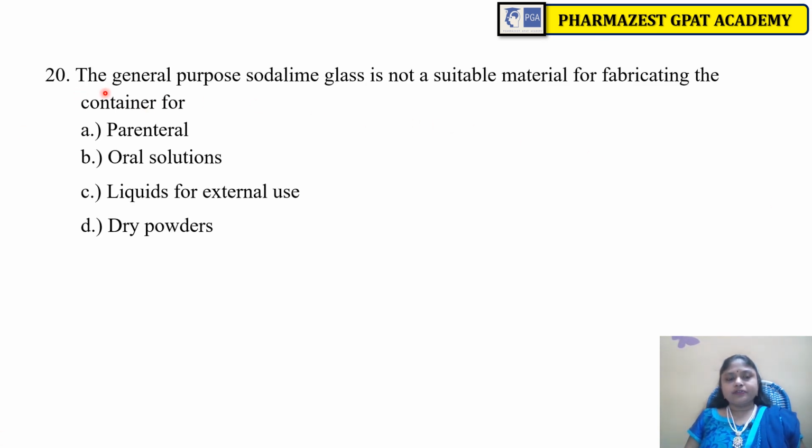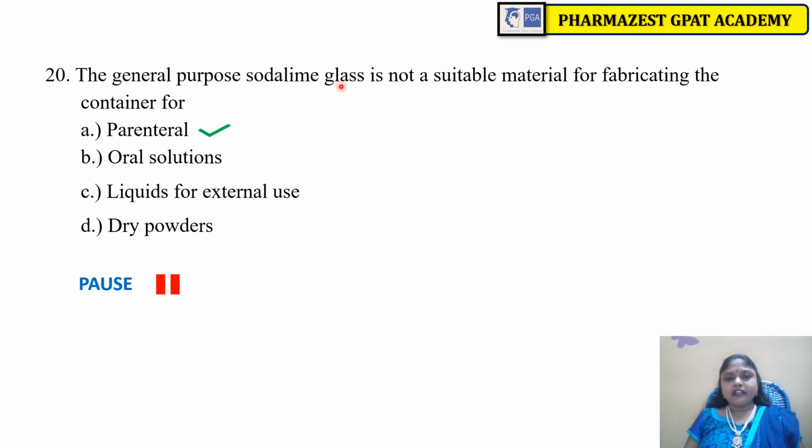The next question is, the general purpose soda lime glass is not a suitable material for fabricating the container for: A. parenteral, B. oral solutions, C. liquids and liquids for external use, and D. dry powders. So what is the right answer? The right answer is parenteral preparations.